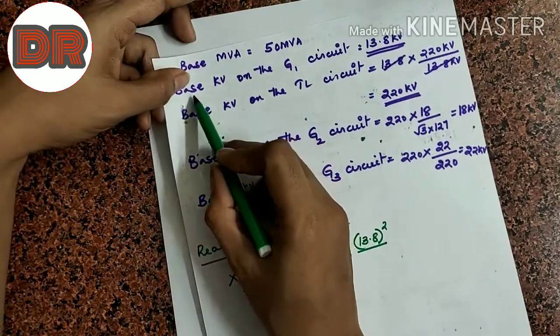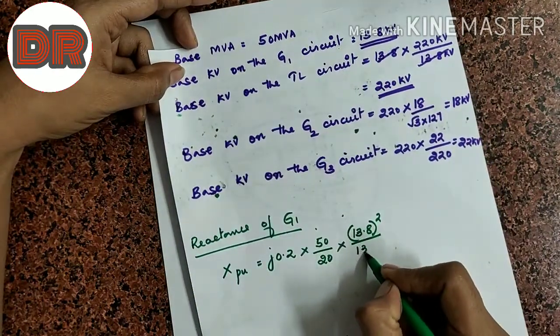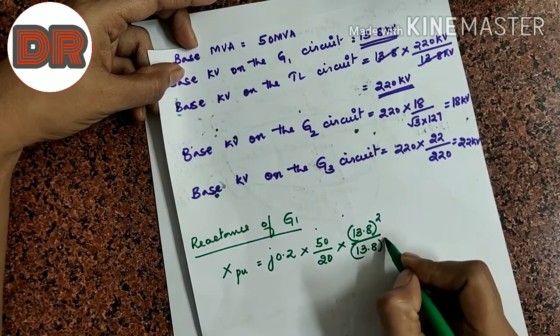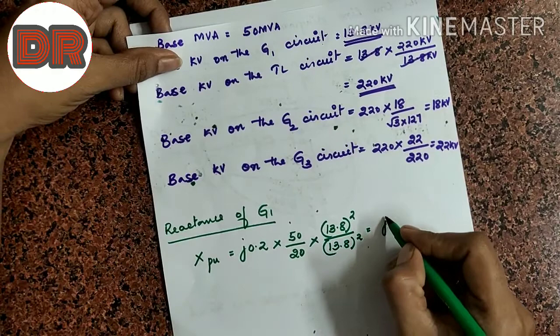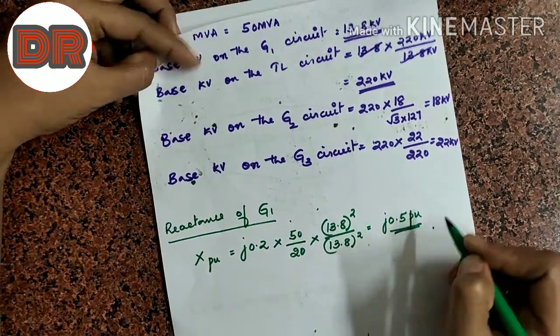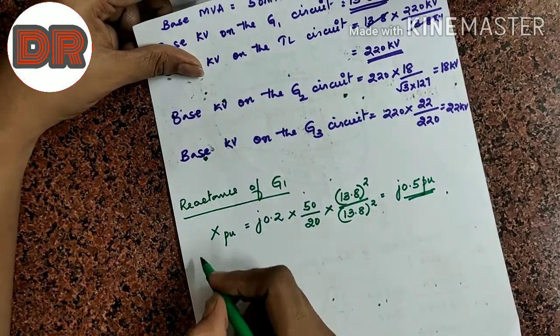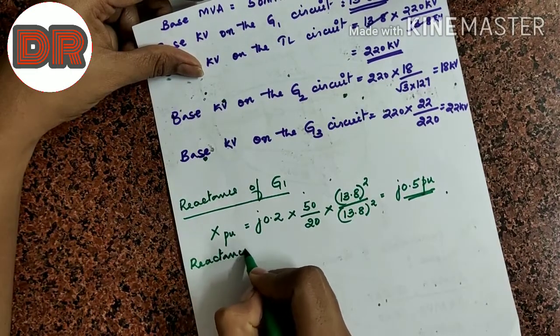So what is the new kV base on generator G1 circuit? It is 13.8. So 13.8 square. So this is the calculation, and we get around j0.5 per unit. Done. So let's go for reactance of T1, that is transformer 1.